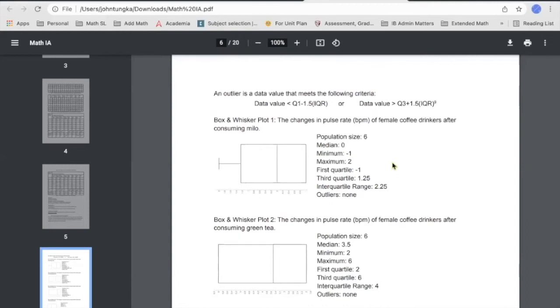Right. So you input those values, the differences for female coffee drinkers after consuming Milo, and you come up with this 5-number summary. Out of these numbers, which one do you use for the next step?